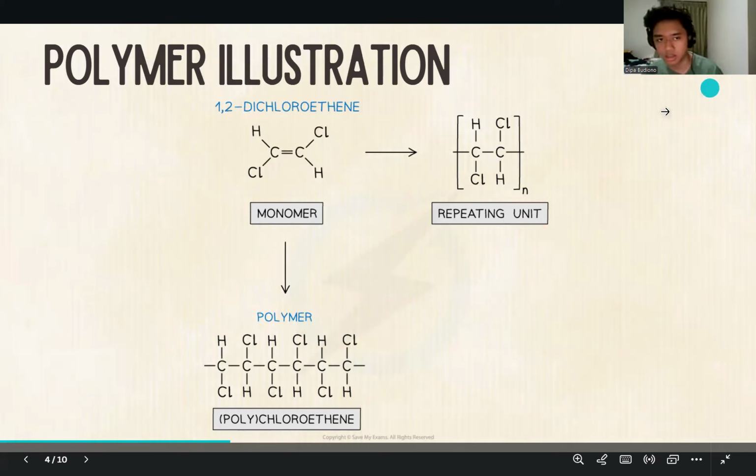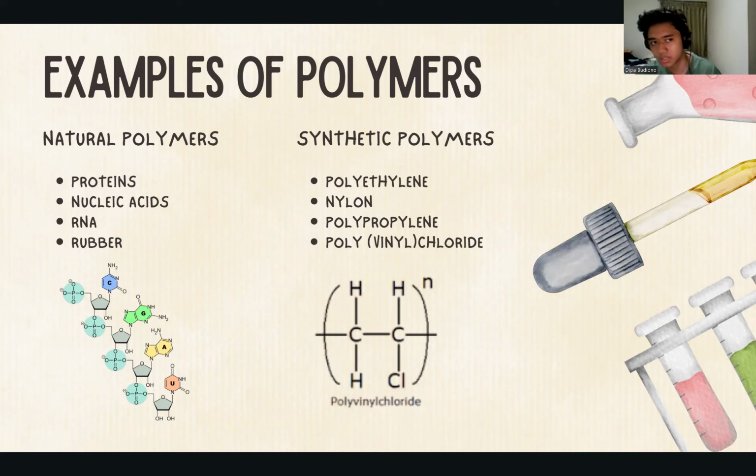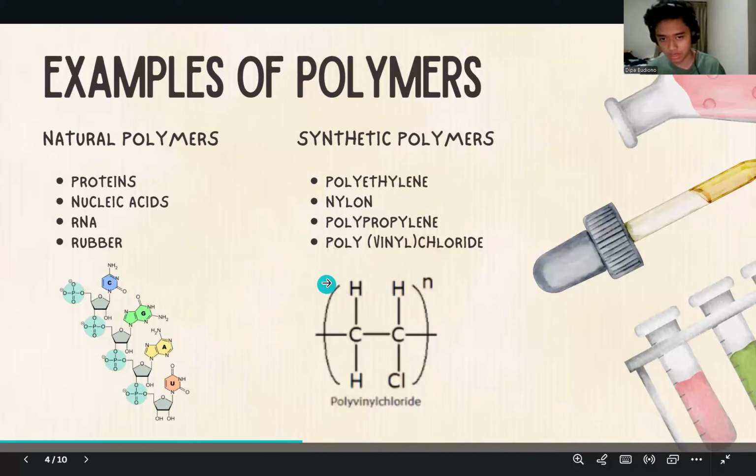They are generally categorized into two categories: natural polymers, which include proteins, nucleic acids, RNA, and rubber, which can be found in nature, whilst there are also synthetic polymers, which are polyethylene, nylon, polypropylene, and polyvinyl chloride, or just PVC. Provided below is the repeating unit from PVC.